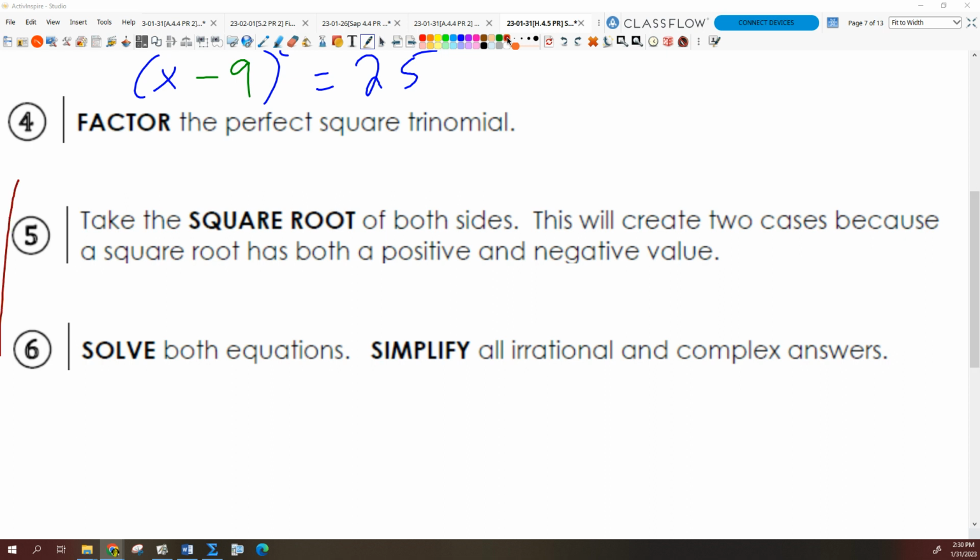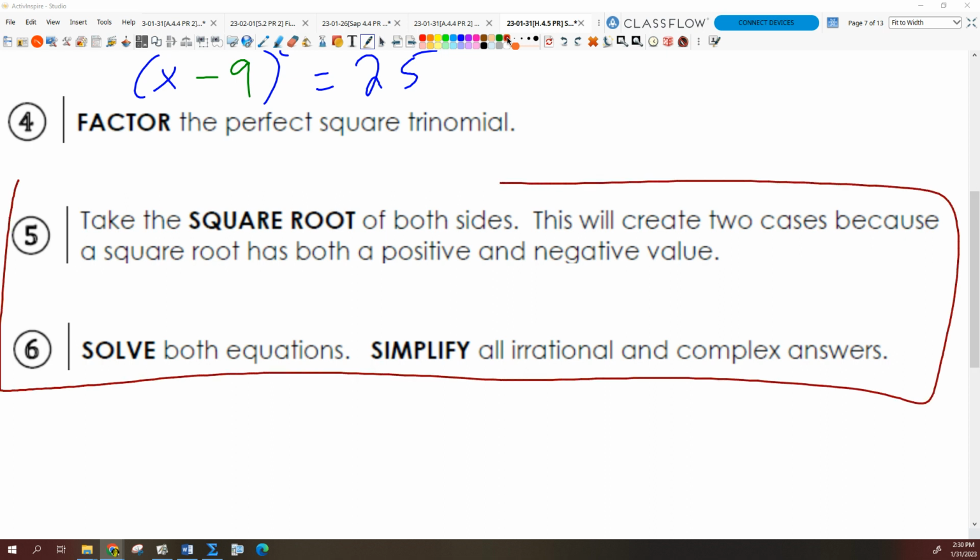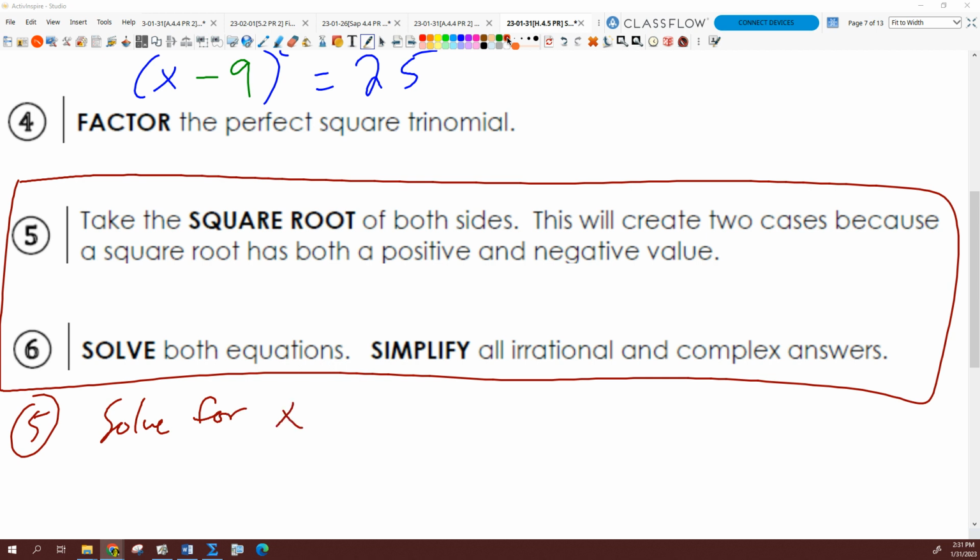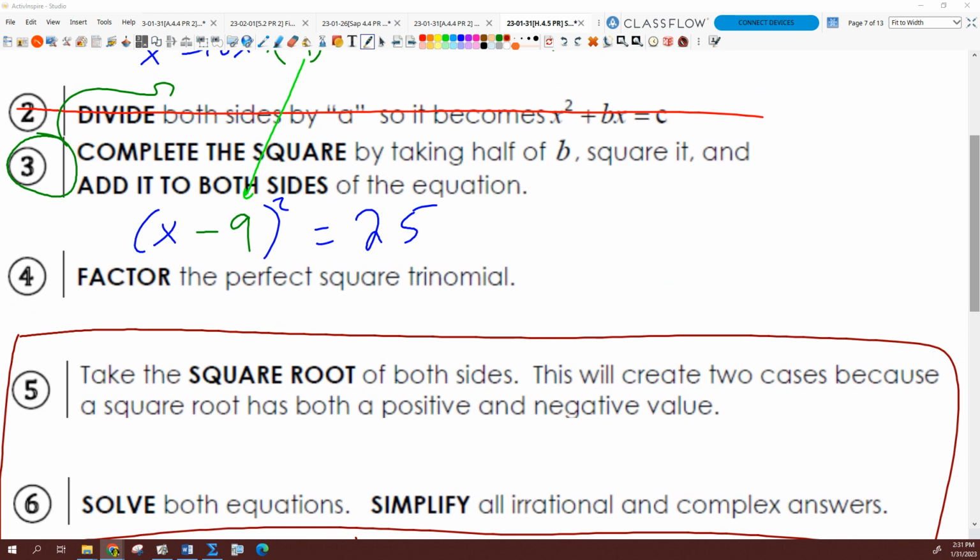Like just combine those into one big step called step 5, which is solve for x by isolating. Okay? Because we're really done completing the square right there. Now we solve by isolating. Okay? Make sense? Okay? And so I guess we should do that probably.